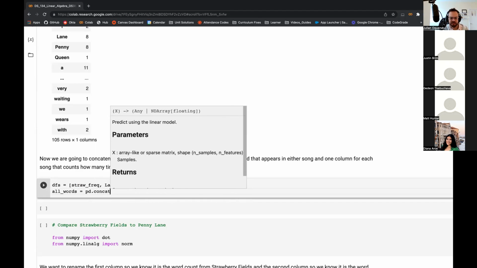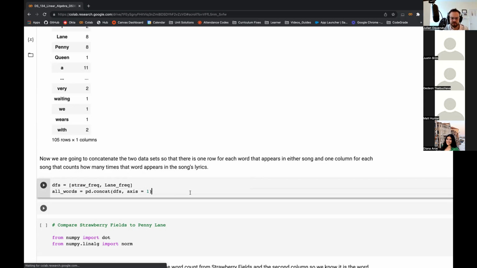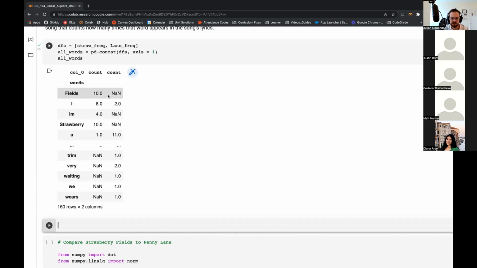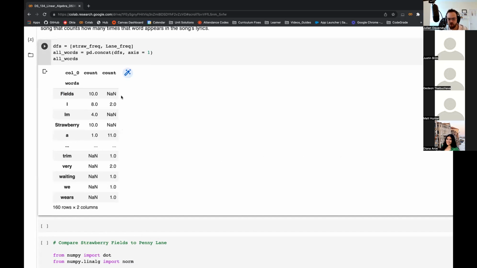And all words will be concatenated. Note that because I'm working with pandas objects, I'm concatenating these two DFs under the column axis. So what does this look like? For all my words, we see where the word fields pops up in each song, the word I, the word I'm, strawberry, and how many times they pop up in the song, and a bunch of nulls, because there are indeed words that appear in one song that don't appear in the other.